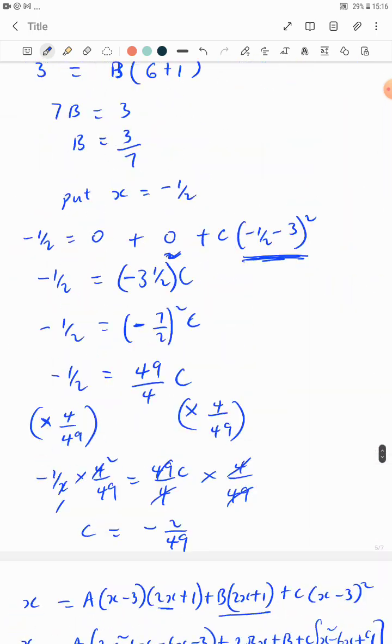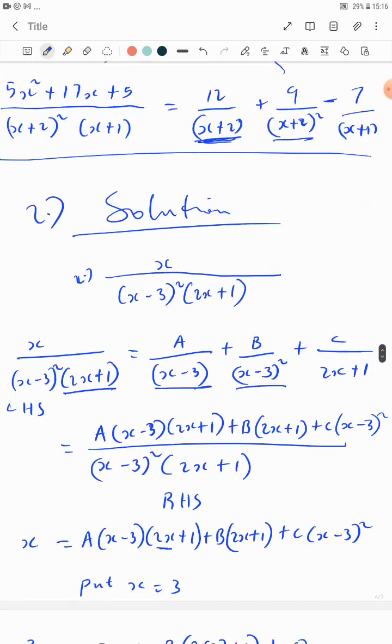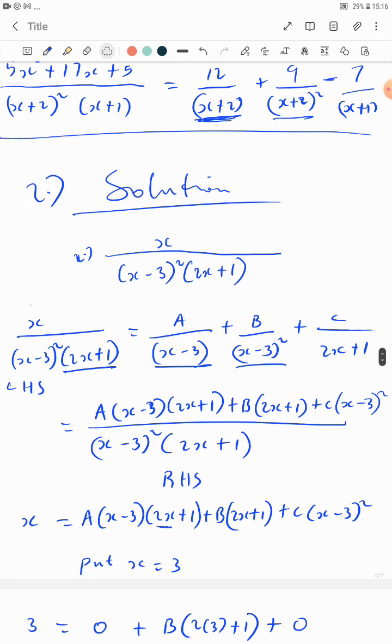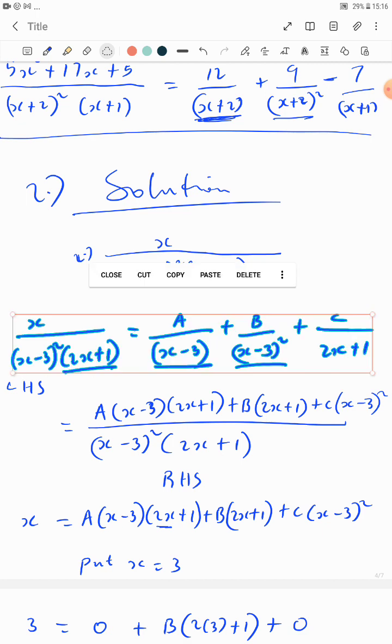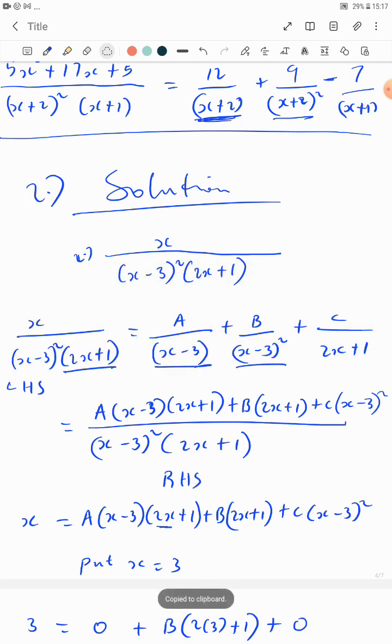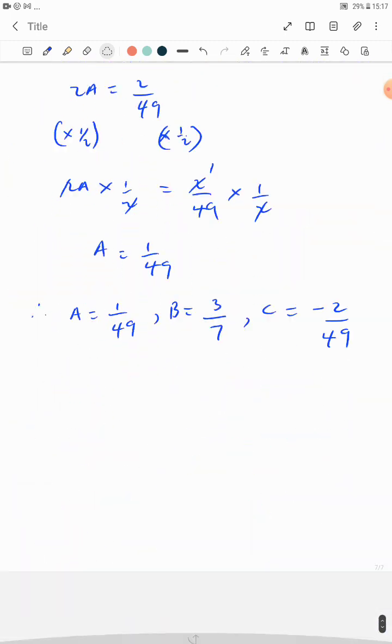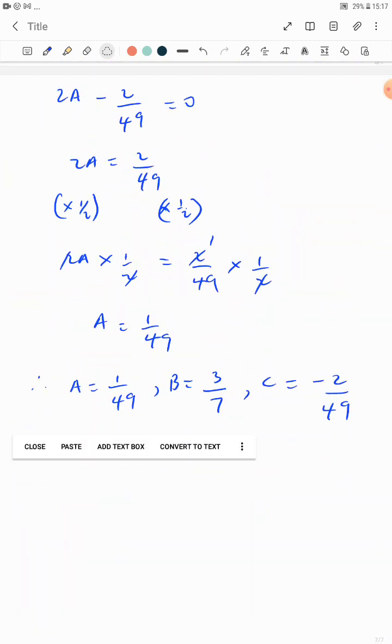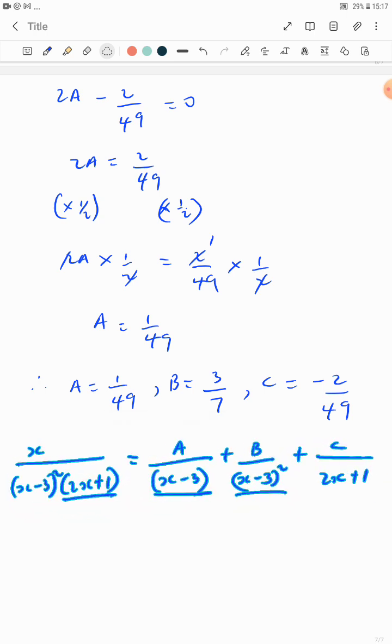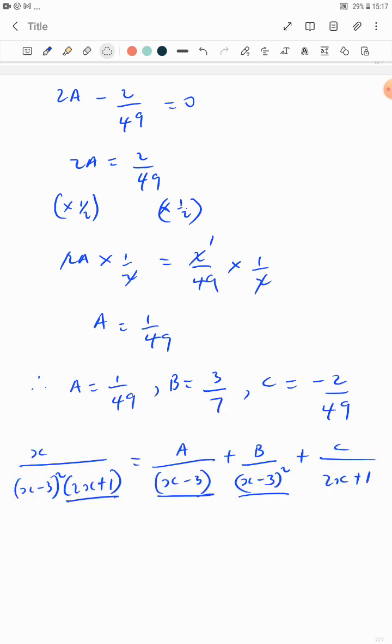So let's take the partial fraction and express it as the sum. So let's copy this. Okay, now we can plug in the value of our A. The value of our A is 1 over 49.